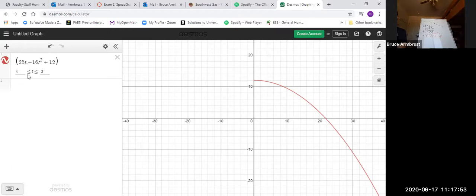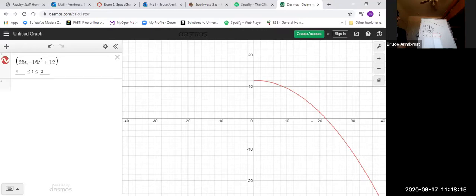Also on here, you can adjust your t values. So like right now, this is going from 0 to 2. And if you look over here, you can see on the graph, going all the way from 0 to 2, it's going to carry on down somewhere beyond the edge of this. But there's our 0 to 2 right now.